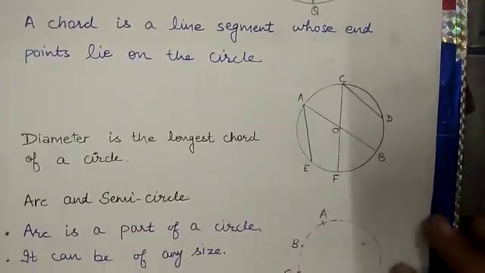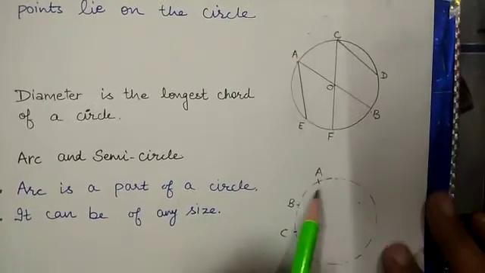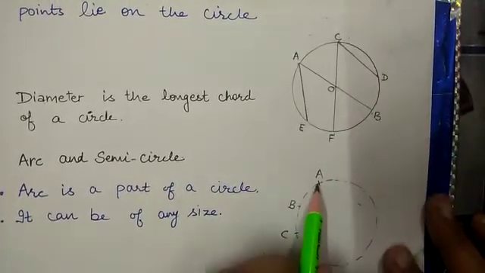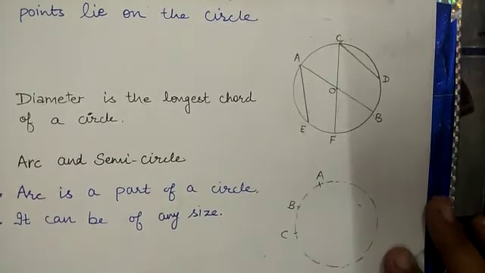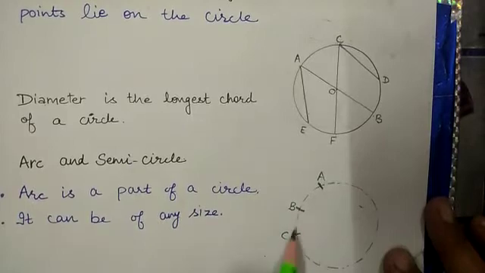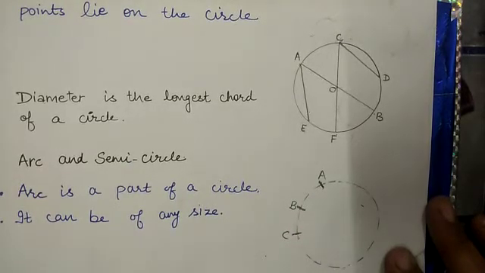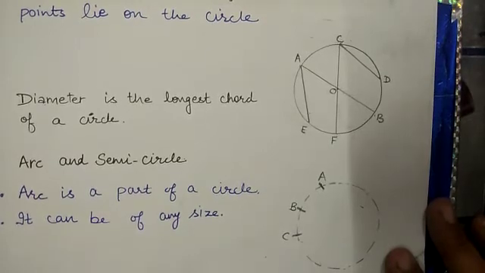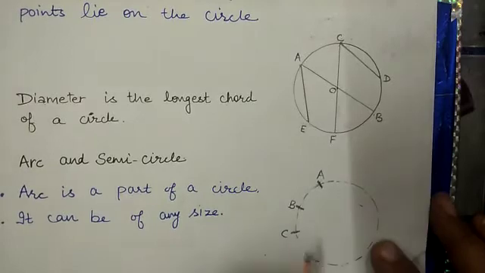Next comes arc and semicircle. Look here, I have drawn a circle and shown small parts of the circle. These small parts of the circle are known as arcs of the circle, and an arc can be of any size. It is an arc. Again, AC is also an arc.